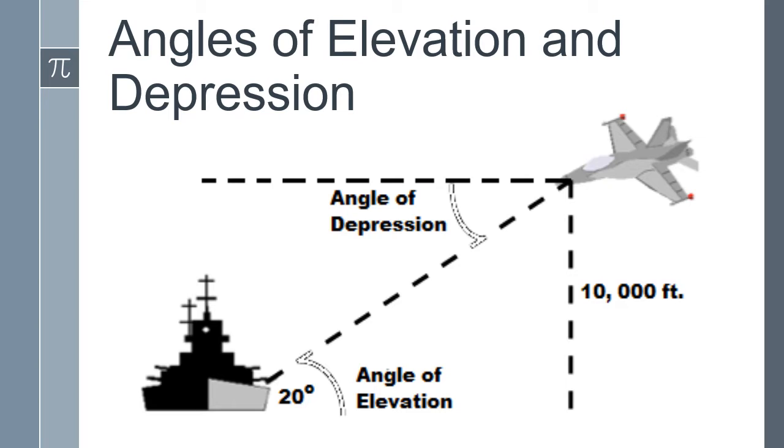The angle of depression is congruent to that angle, so the pilot, let's say, looks down and sees the observer on the deck. He's at 10,000 feet. And this angle would also be 20 degrees. So angles of depression and angles of elevation are congruent.